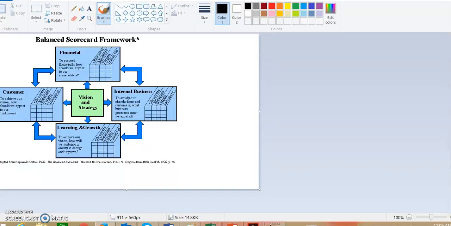So for finance, often we read it as financial performance, to see whether it's doing well in terms of profit, revenue, and so on. The customer, on the other hand, we are trying to know the satisfaction. On the right side, the internal business process is talking about efficiency.